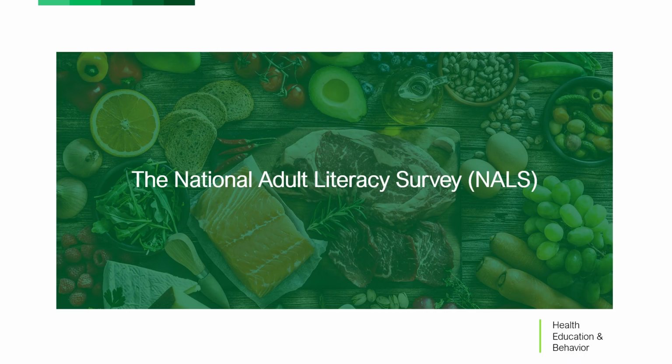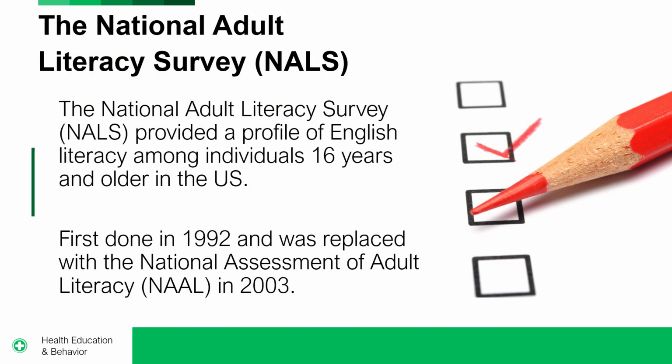The National Adult Literacy Survey, or NALS. This survey provided a profile of English literacy among individuals 16 years and older in the US. It was first done in 1992 and was replaced with the National Assessment of Adult Literacy in 2003.